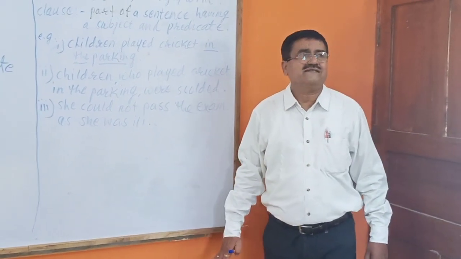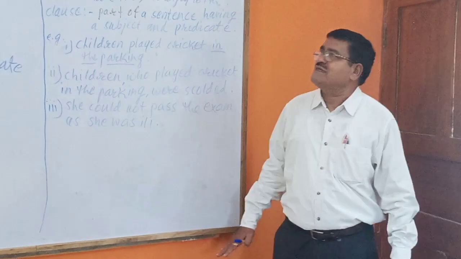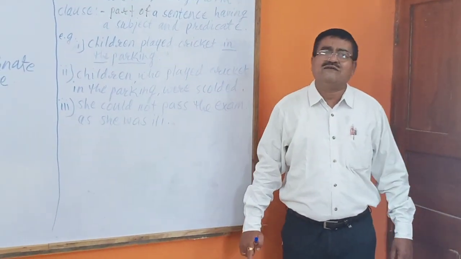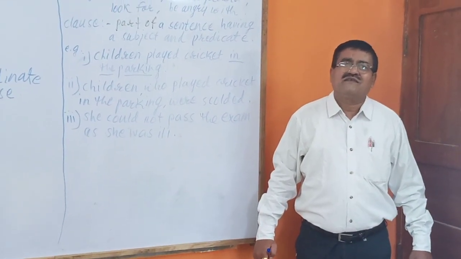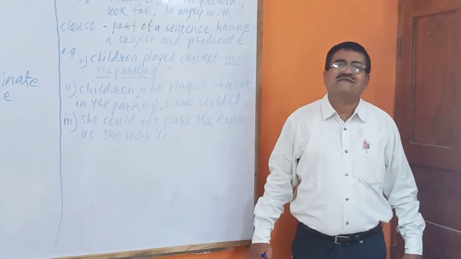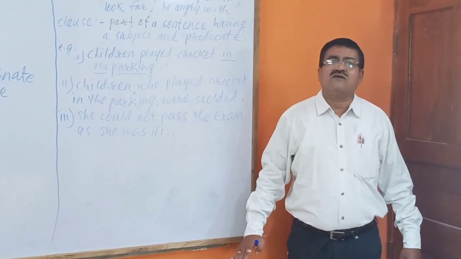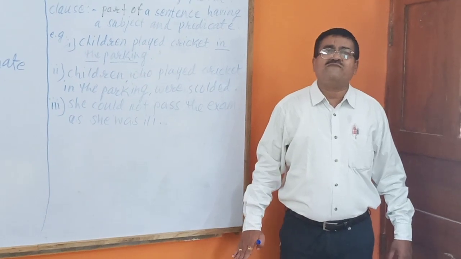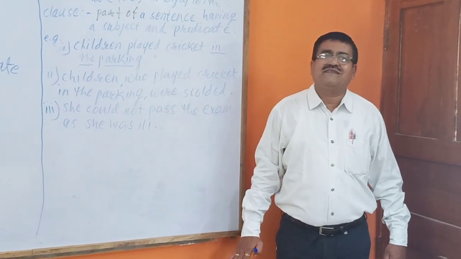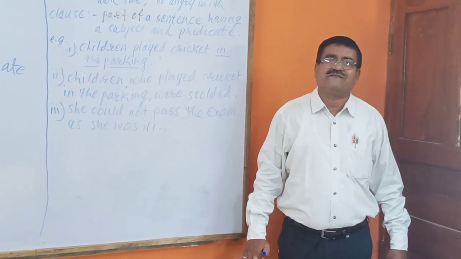So, brothers and sisters, once again I repeat, a phrase is only a group of words which cannot make complete sense. It makes sense, but not complete sense. There is no finite verb in a phrase. There is no subject and predicate in a phrase.